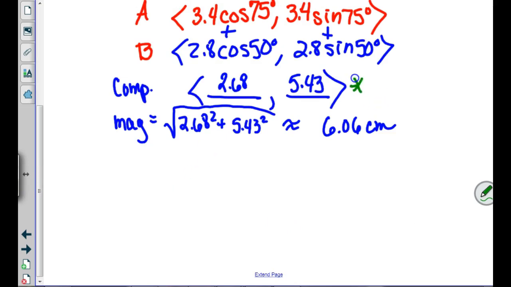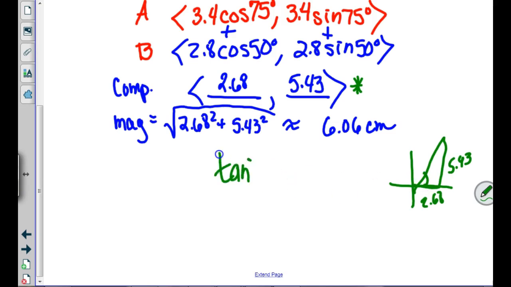This vector right here, what angle is it making? It went over 2.68 and up 5.43. How do we find the angle? Inverse tangent, y over x, from the components.